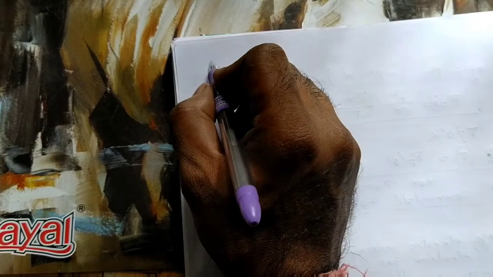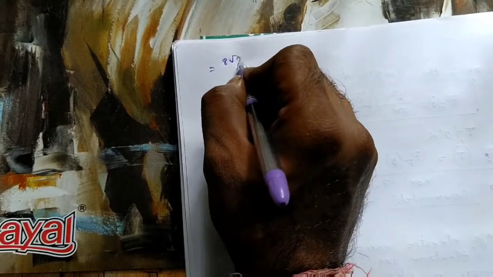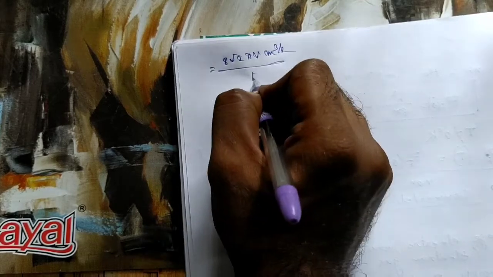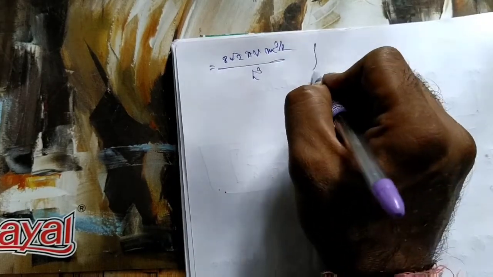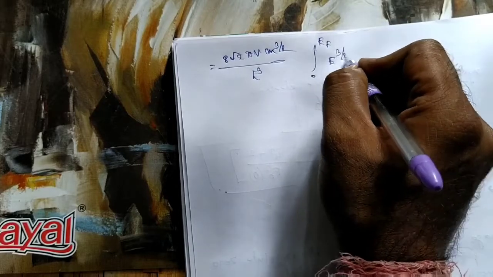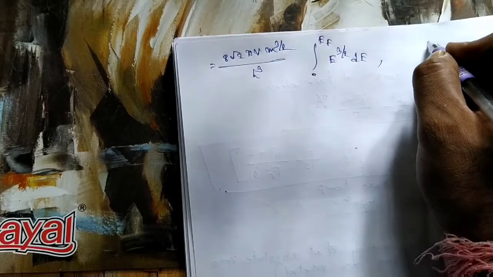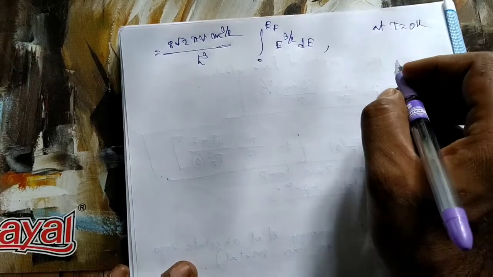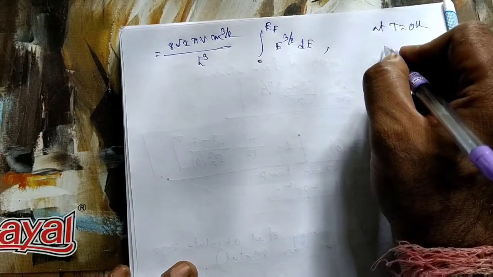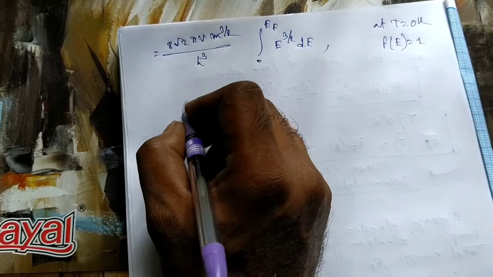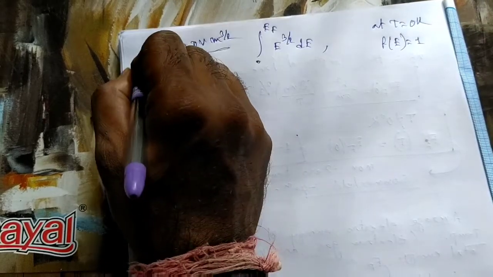At T equal to 0 K, f(E) becomes 1. So this is U0.